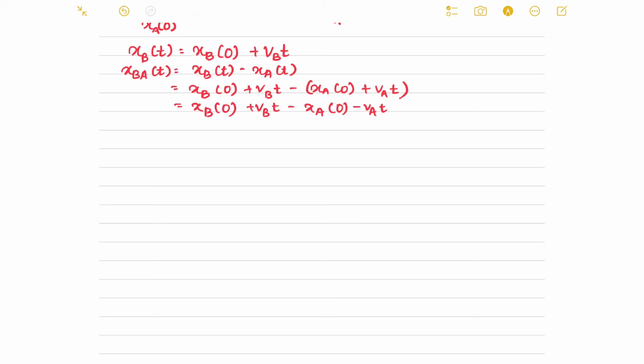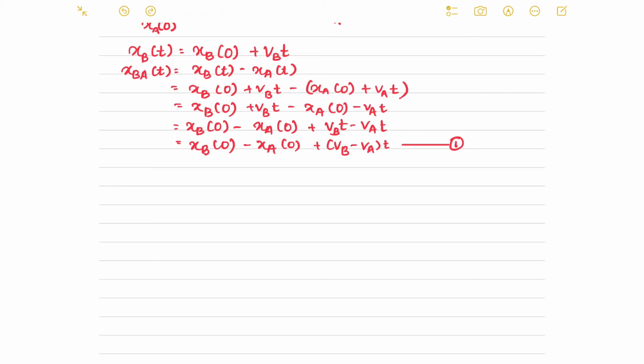Now we write the distance terms together and the velocity and time terms together, which is xb0 minus xa0 plus vbt minus vat. Now we can rearrange it as xb0 minus xa0 plus (vb minus va) into t.